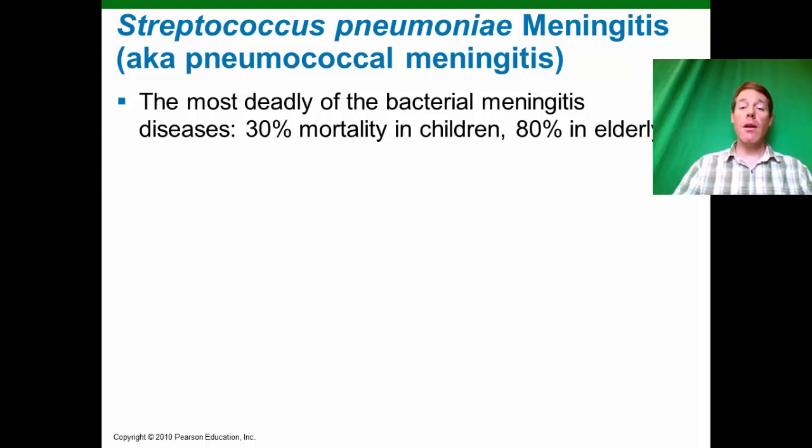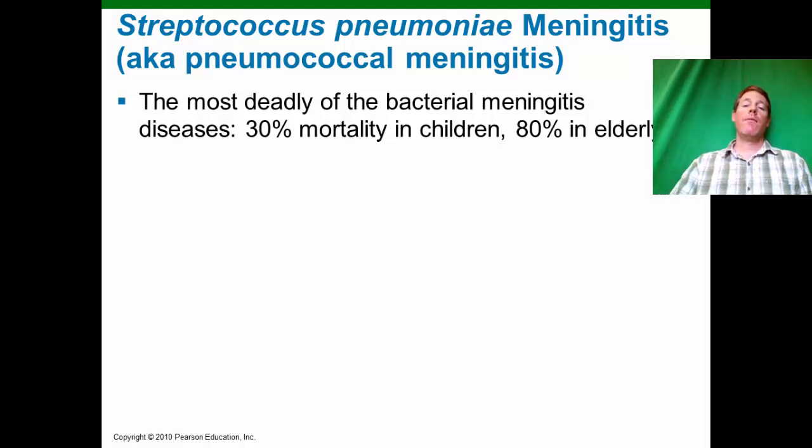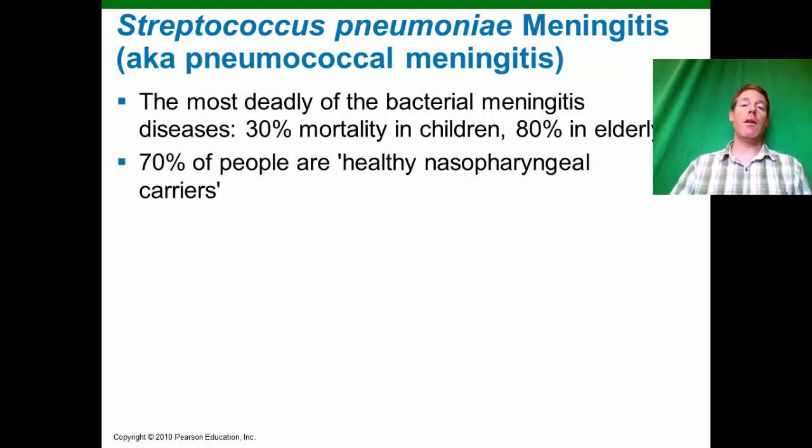This is the most deadly of the bacterial meningitis diseases. It can have an estimated 30% mortality rate in children, 80% in elderly people. An interesting fact, though, is that up to 70% of humans are healthy nasopharyngeal carriers of this bacterium.